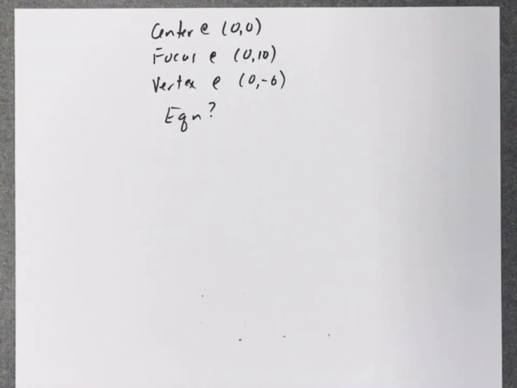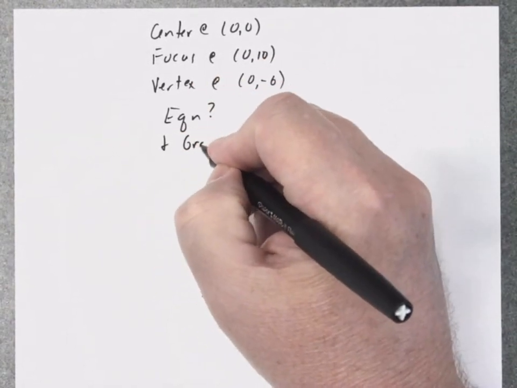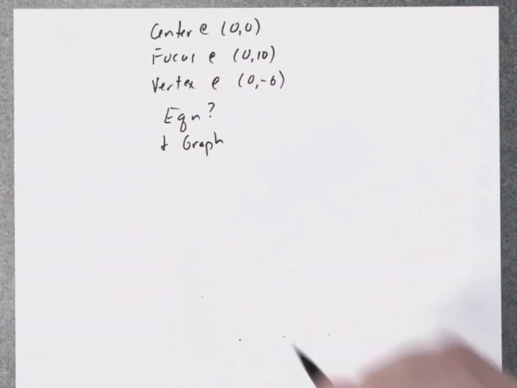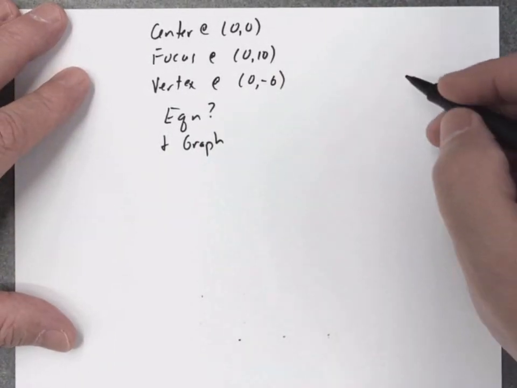First thing you need to always do for these problems, and they also want to graph it. So to even know what kind of hyperbola we're working with, let's go ahead and graph what we know.